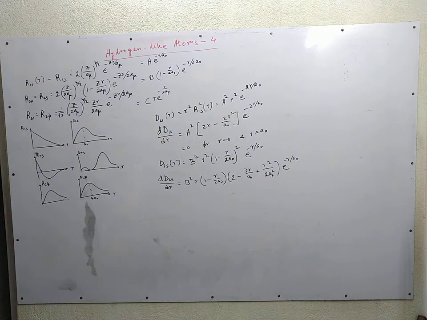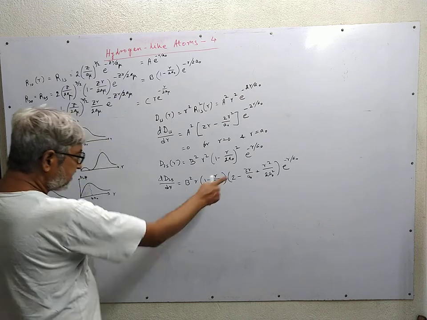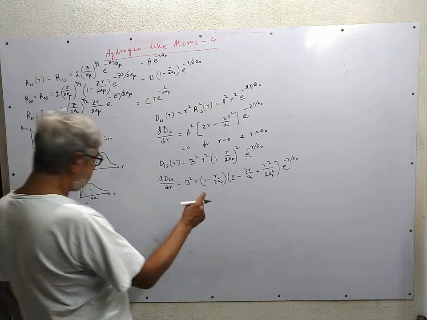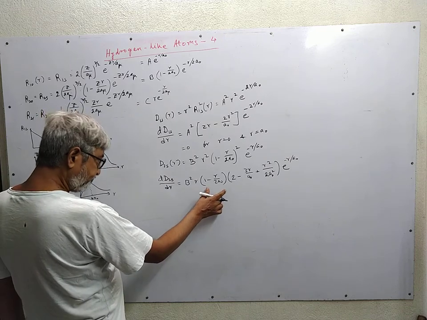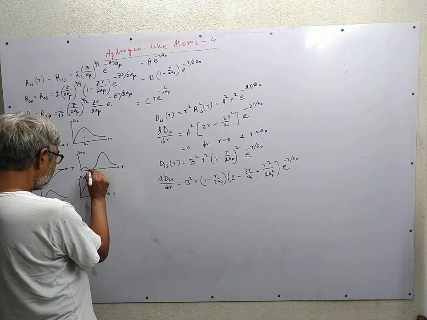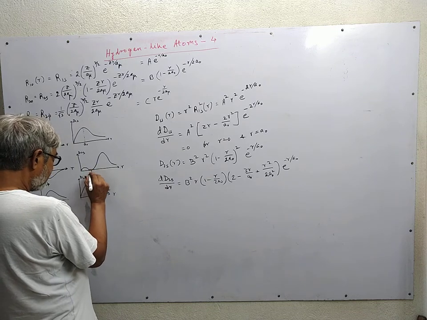So this is 0 for r equal to 0, which is this point. This may be 0 again at r equal to 2a0. This is r equal to twice a0.